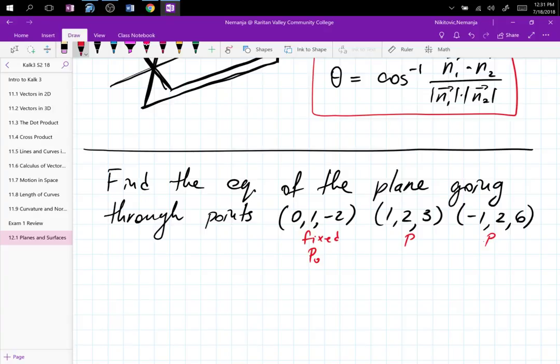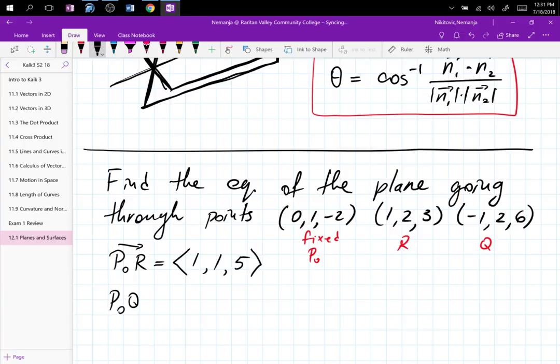Okay, so let's see. I'm going to call these points, let's say P and, how about R and Q? So I have P0R. I don't know why I'm doing this in red. So the P0R vector is going to be 1, 1, 5, and then the P0Q vector is going to be -1, 1, 8.